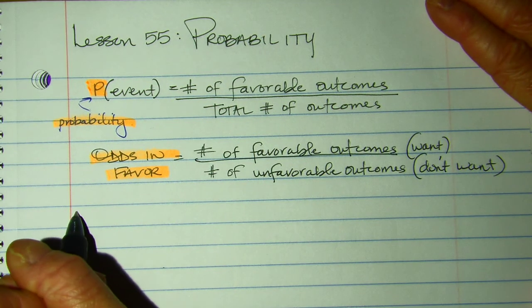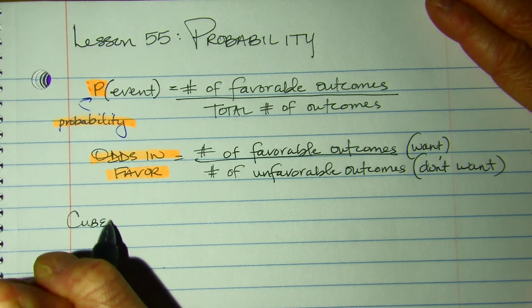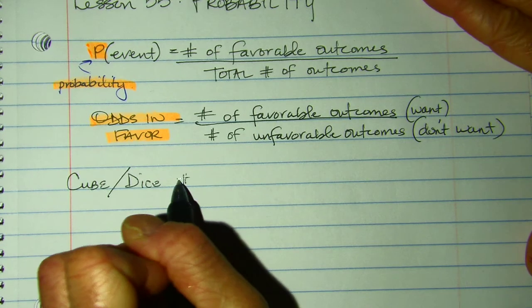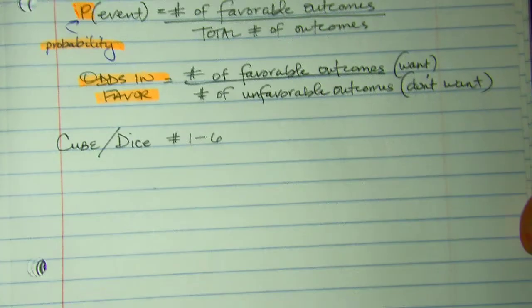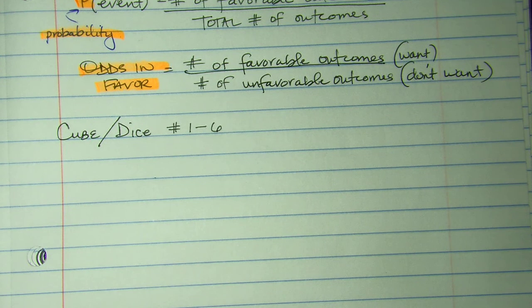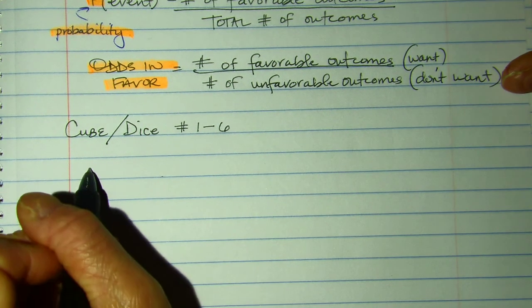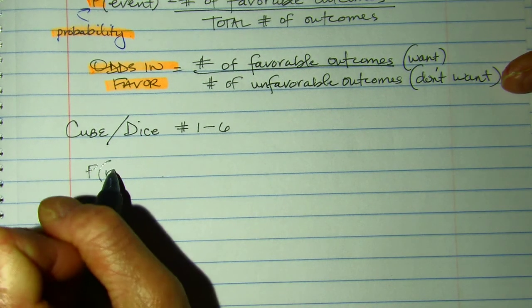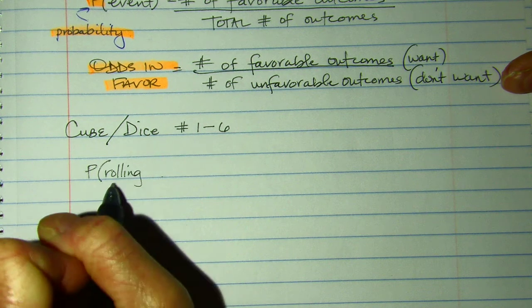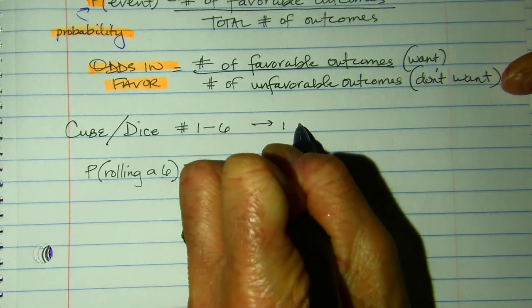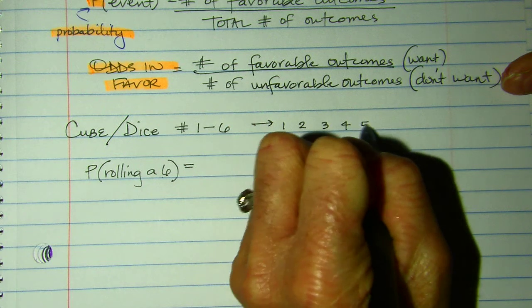If I have a cube, also known as dice, I have numbers 1 through 6 on my dice. When you roll a die, die is singular, dice is plural, sorry. You have numbers 1 through 6. I'm going to show you the difference. If I say the probability of rolling a 6, on my dice I have numbers 1, 2, 3, 4, 5, 6.